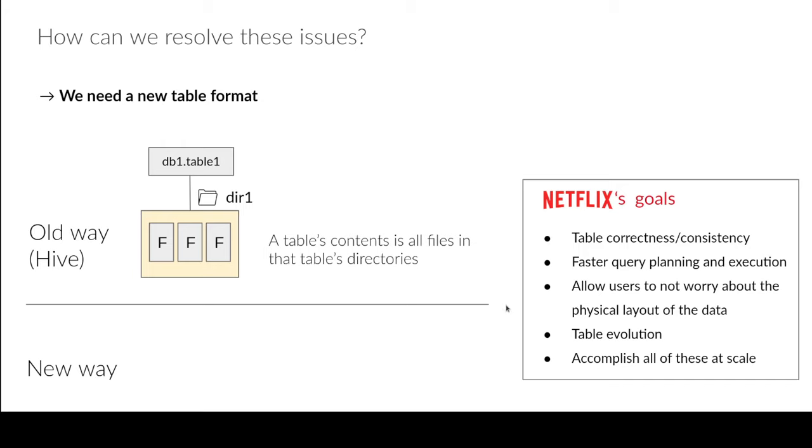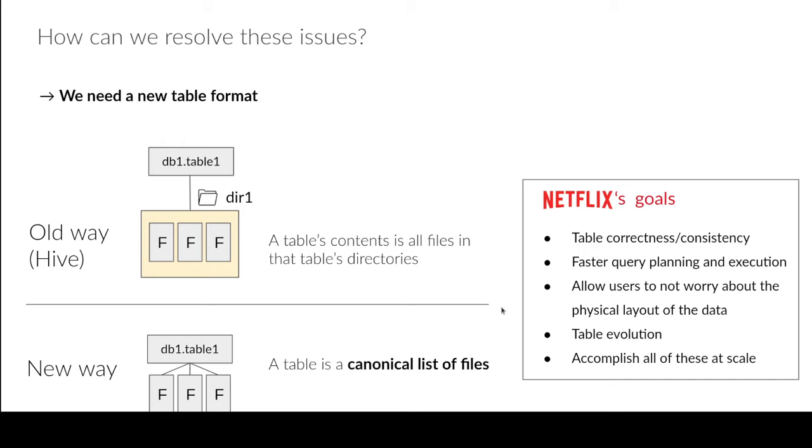And that's where we end up with Iceberg, which takes a different approach where a table is a canonical list of files. Essentially, instead of saying, hey, the table is all the files in this folder, theoretically an Iceberg table could be anywhere. The files can be in different folders, and it doesn't have to be in some sort of nicely organized directory system.